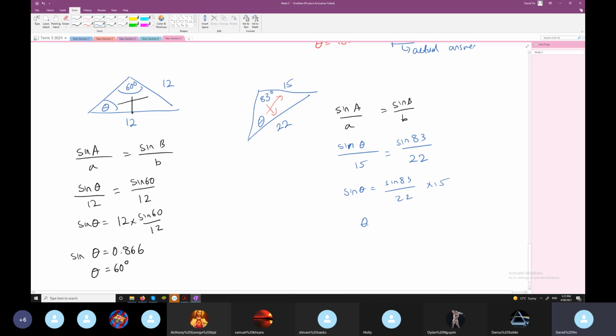Then we put that into our calculators. Whoops, I wrote two thetas there. So sine 83 divided by 22 times 15. We get 0.6767, and so on and so forth. And then all I do is press shift, sine, answer, and I get 42.59 degrees.